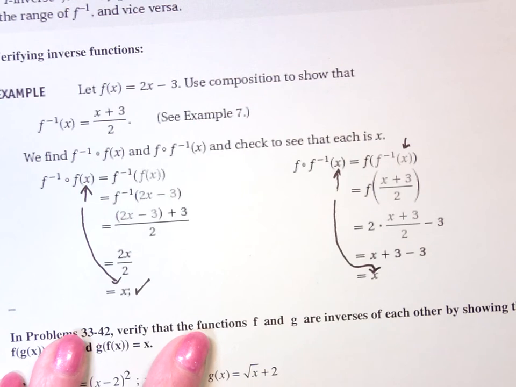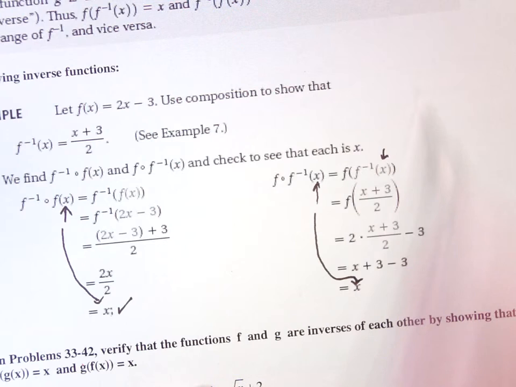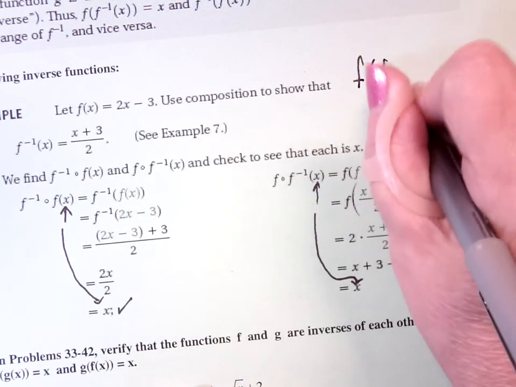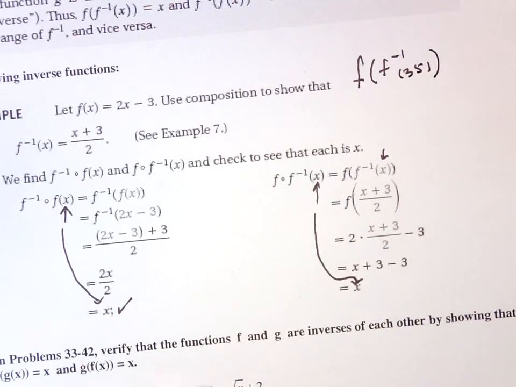There was a problem we used to have on the college algebra exam over at ASU, which looks something like this. What is f of f inverse of 35? What does it have to be? 35. You started at 35, where should you end up? 35.